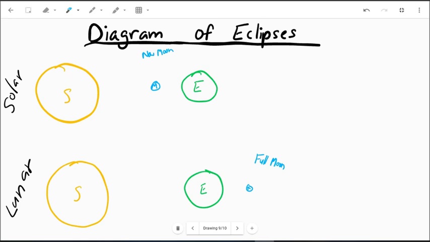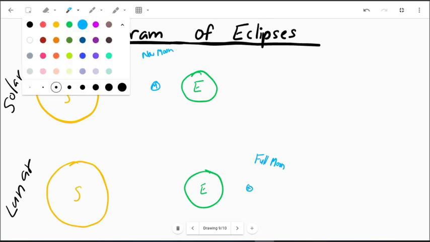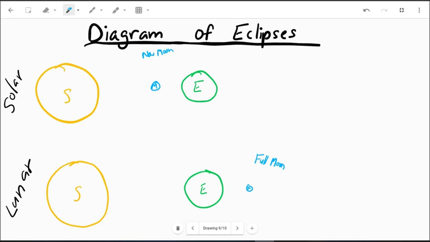So to do the diagram further, to try to figure out where the shadow is, we need 4 beams of light, and they're going to come from the sun. Okay, sun radiates in all directions, but this is the maximum extent light can reach from the sun to the moon. It can reach from right here, the North Pole and the South Pole.